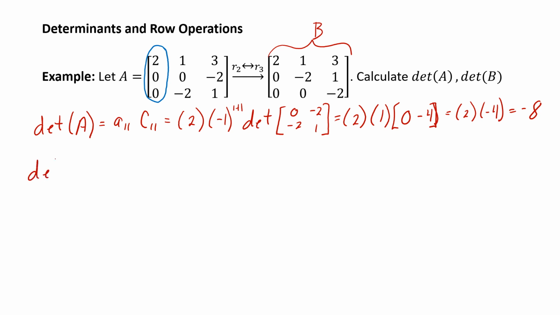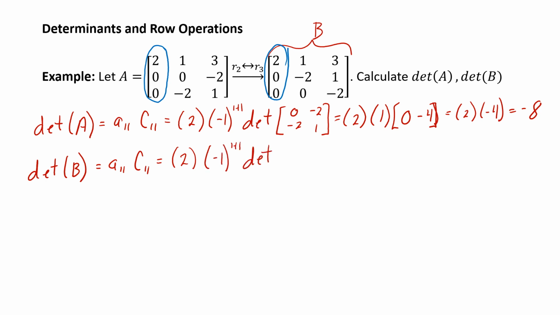What about my determinant of B? So B is the matrix I get after I do a row operation of exchanging rows. Notice that I still have this nice property where I have a column with a single number and everything else zeros, which simplifies my calculations. So it's still equal to A11 times C11, which is 2 times negative 1 to the 1 plus 1, times the determinant of, now this matrix has changed a little bit.